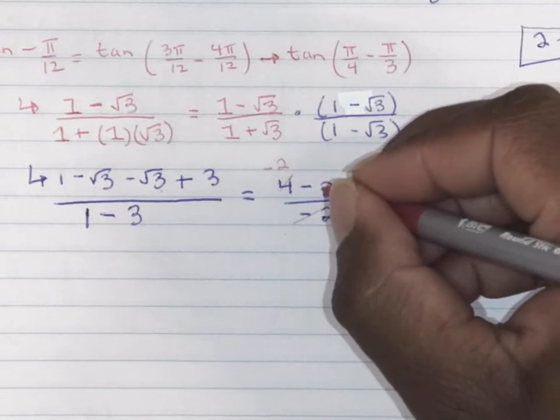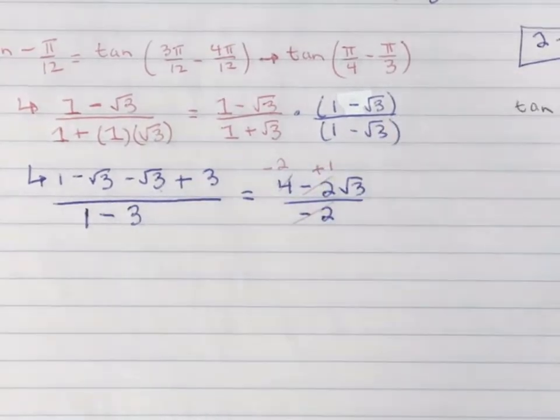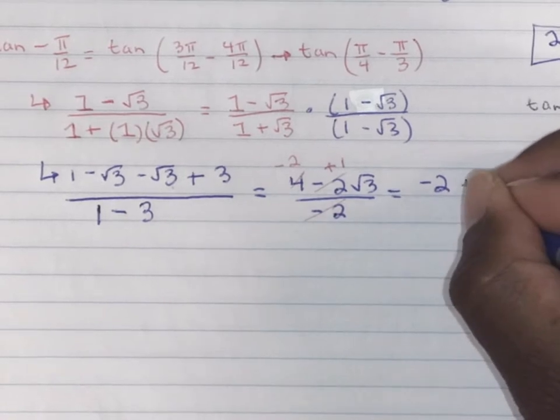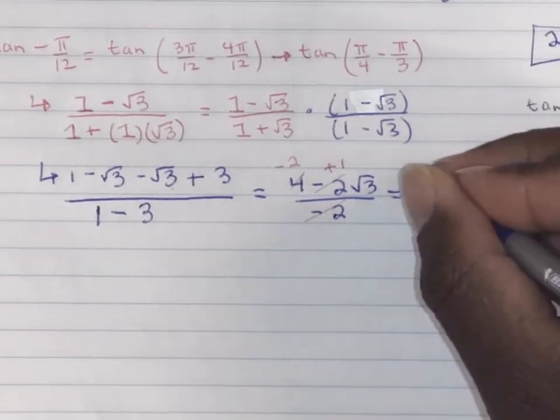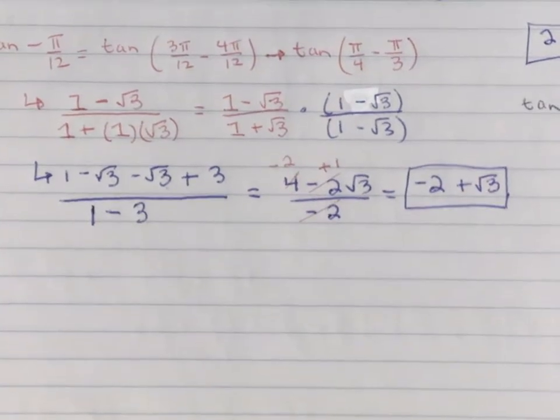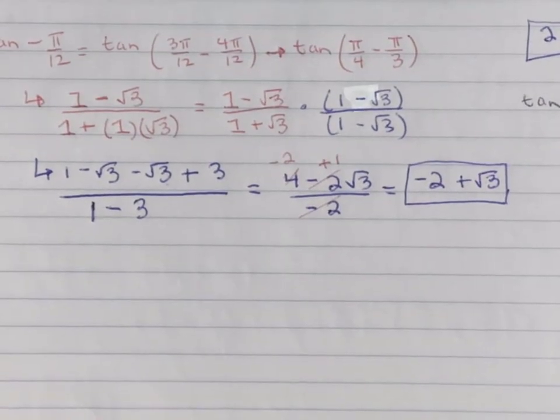Negative 2 divided by negative 2 is positive 1. So negative 2 plus root 3. All right, that's sum and difference.